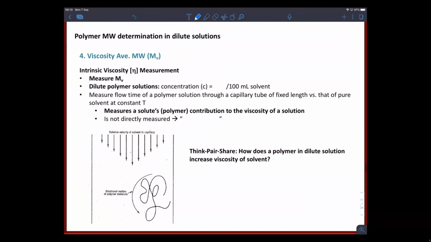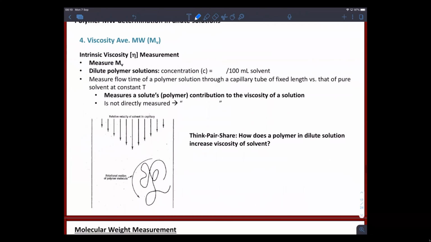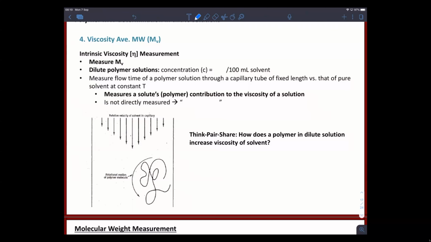So in viscosity average, for an intrinsic viscosity measurement, for measuring the viscosity average molecular weight, a dilute polymer of concentration of around 0.5 grams per 100 milliliters in solvent is used. And what we do is we measure the flow time of a polymer solution through a capillary tube at fixed length versus that of a pure solvent.